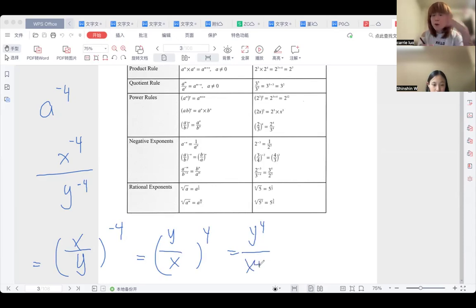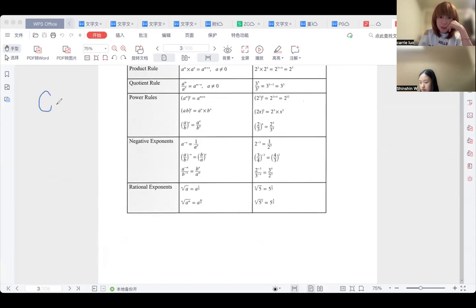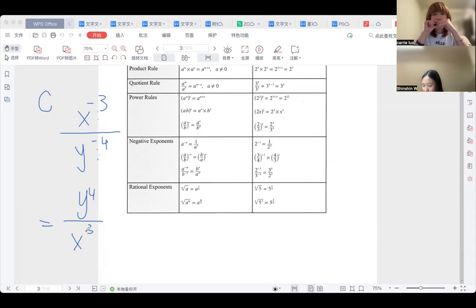It's more straightforward and you're not going to make any mistakes. But what if you have x power 3 and y power 4? Still very easy. When you have a power for the top and bottom, all you need to do is switch: y^4 and x^3. So just flip that. Okay.